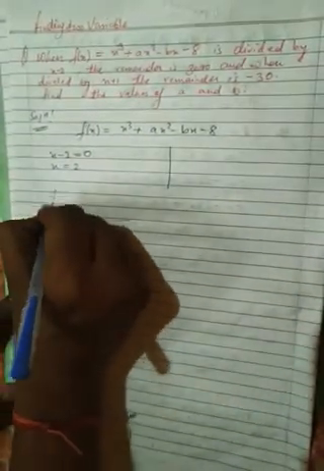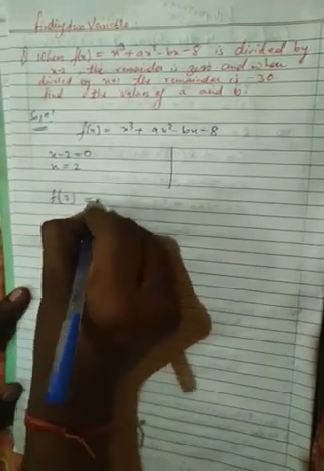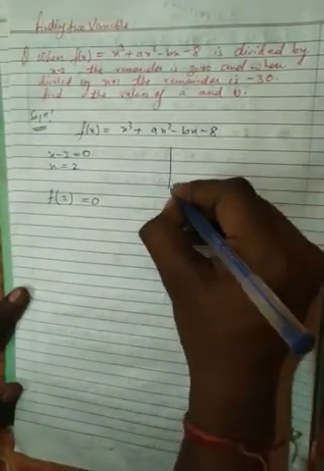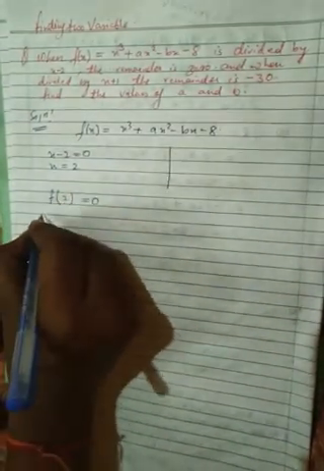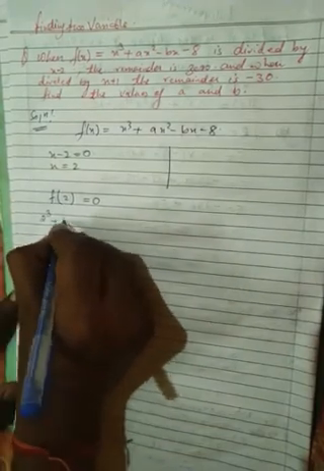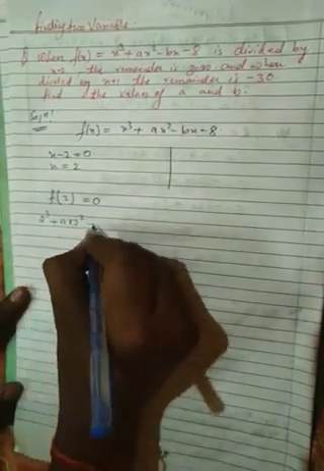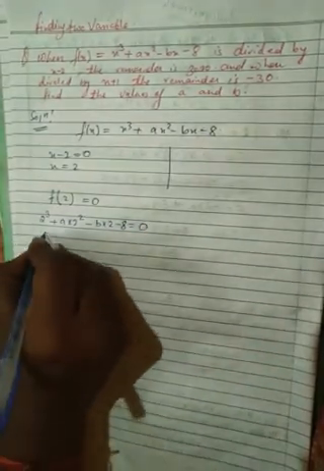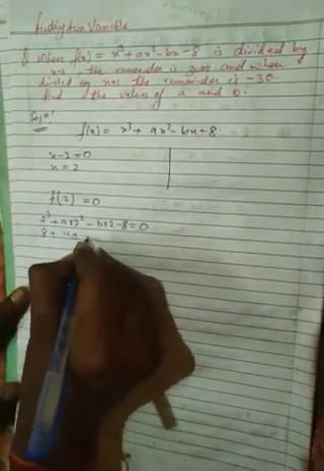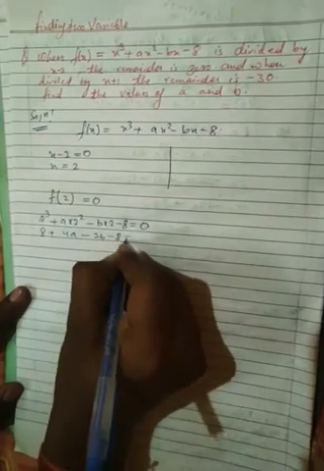In this case the remainder is 0, so if I take f of 2, the remainder should be 0. Clear? So if I substitute here, it will be 2 cube plus a into 2 square minus b into 2 minus 8 equals 0. So we get 8 plus 4a minus 2b minus 8 equals 0.